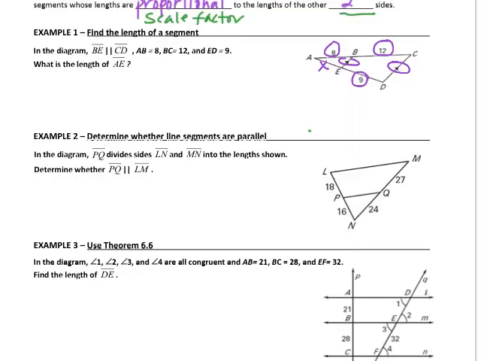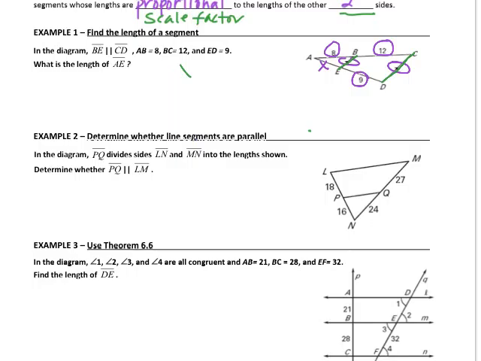Well, we were just looking at theorem 6.4, which said if a line parallel to one side of a triangle intersects the other two sides, then it divides the two sides proportionally. Since we see that BE is parallel to DC, we can set this up simply as a proportion.